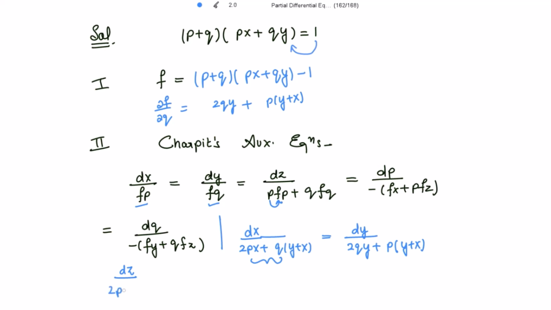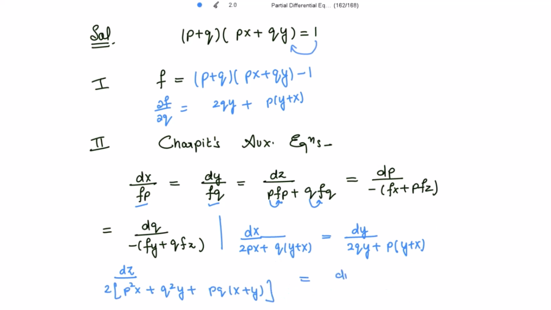So this is 2p square x plus pqy plus pqx, plus q multiplied with fq, so this is 2q square y plus pqy plus pqx. We can take 2 common from these terms.